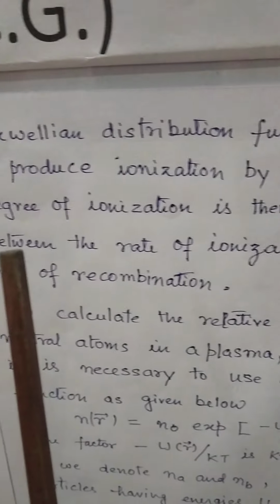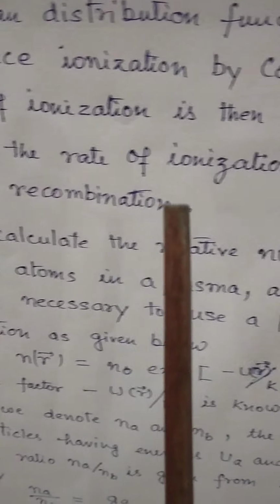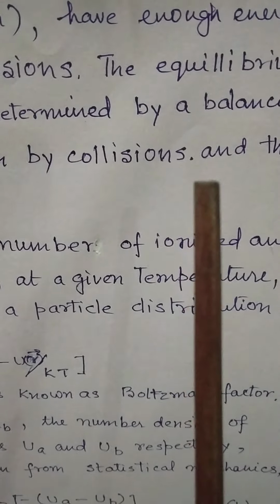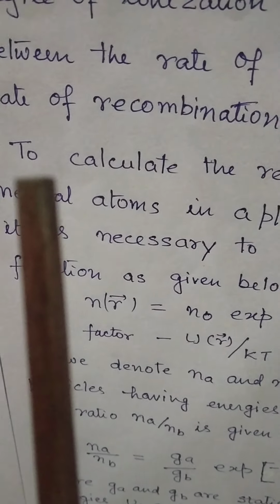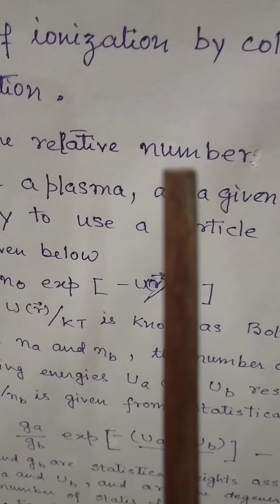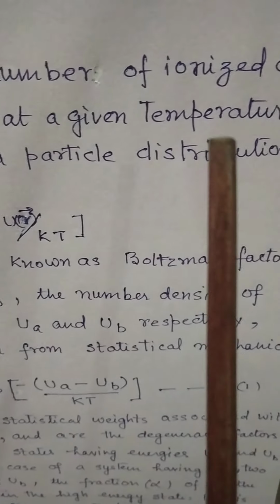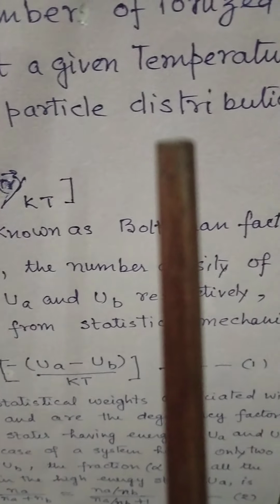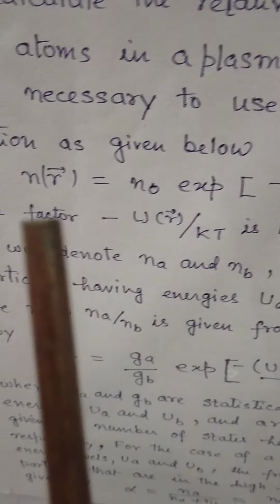The equilibrium degree of ionization is then determined by a balance between the rate of ionization by collisions and the rate of recombination. To calculate the relative number of ionized and neutral atoms in a plasma at a given temperature, it is necessary to use a particle distribution function as given below.